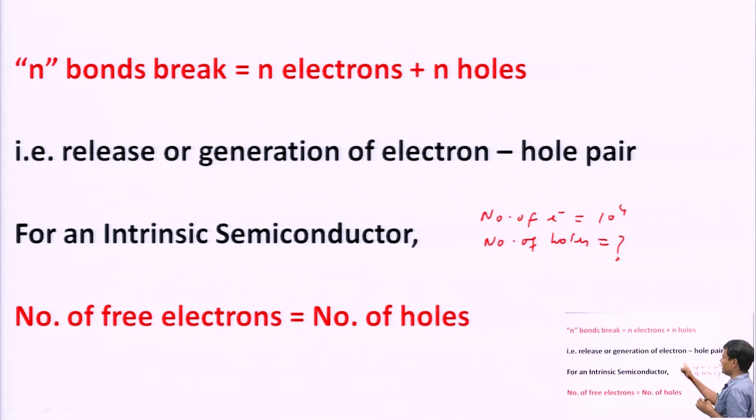It is asked in any pure semiconductor. Then your answer should be 10 raised to the power 4, because in a pure semiconductor the number of electrons is equal to the number of holes, because electrons and holes generate simultaneously due to temperature.